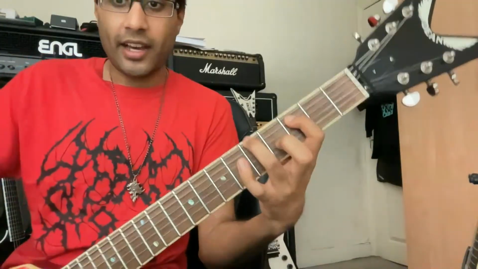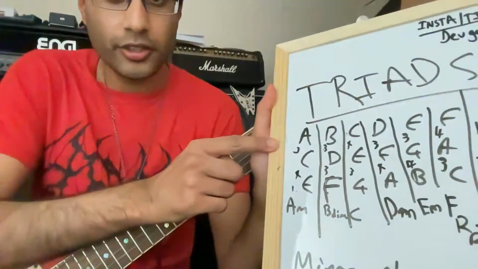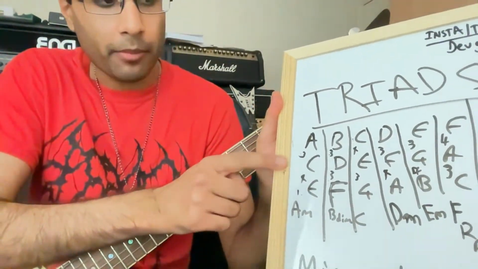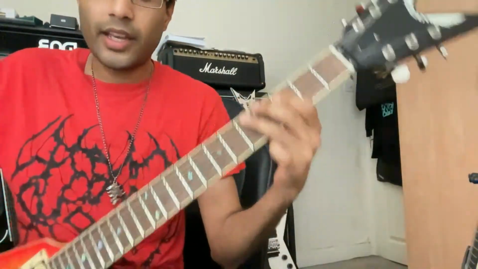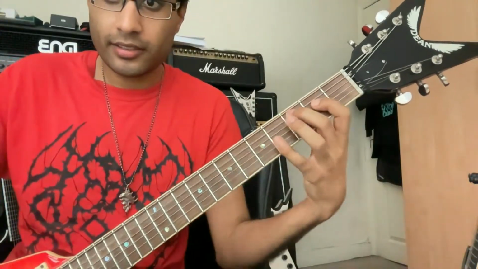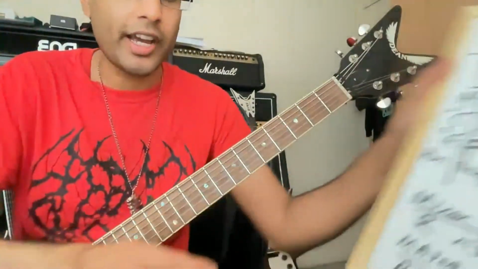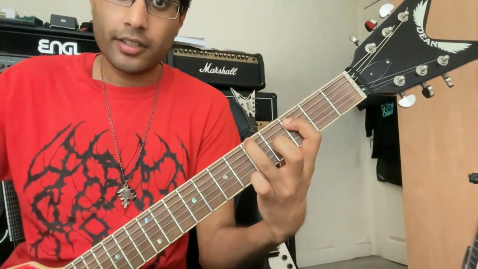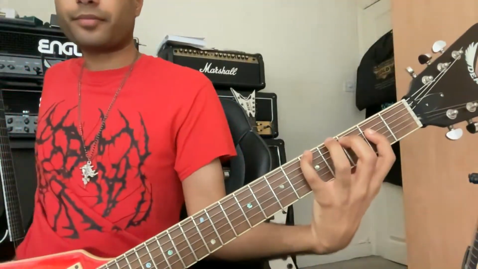So if we break that down, we have A to C, your distance of 3 frets, your minor triad, and then C to E, distance of 4 frets, to get the next part of your triad. Minor plus major triad, minor chord.